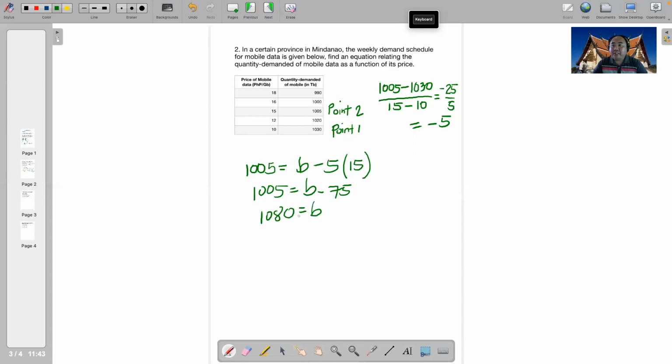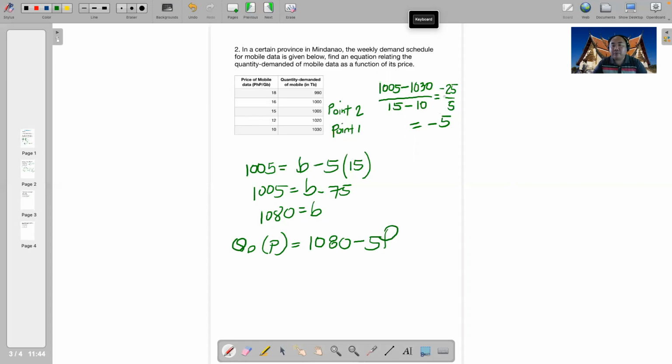Now that we have this, we can recreate our quantity demanded model. So, sir, the quantity demanded as a function of price is equal to 1080 minus 5 times the price p. Okay, so the same procedure.